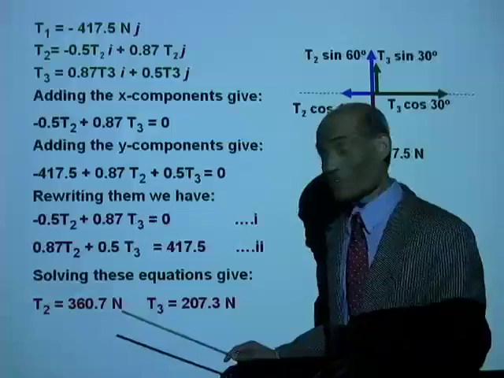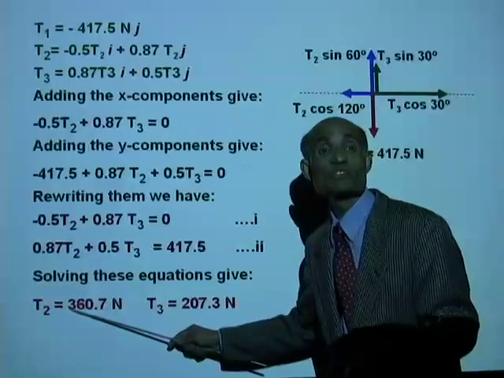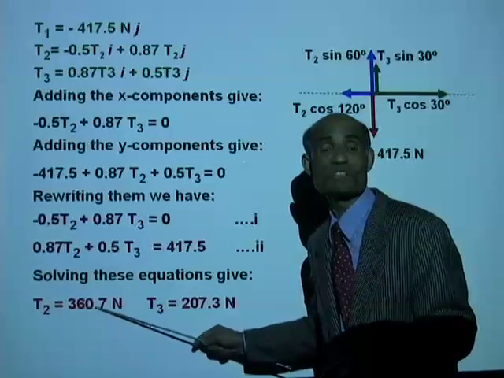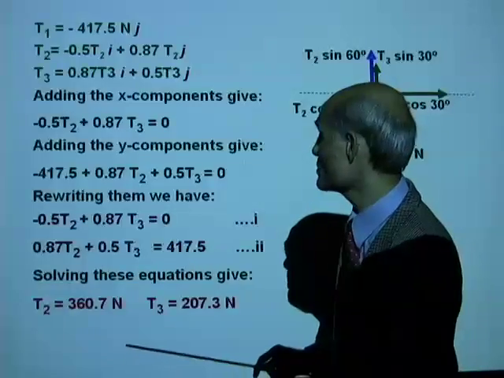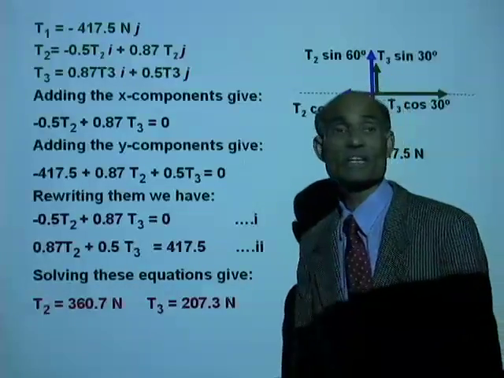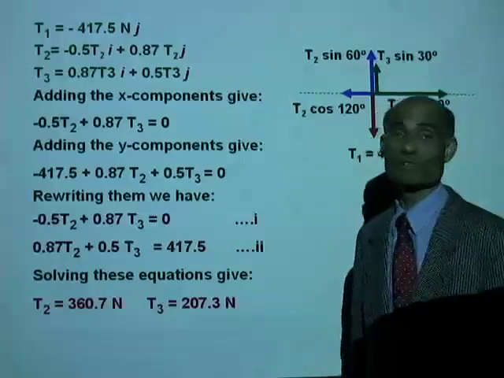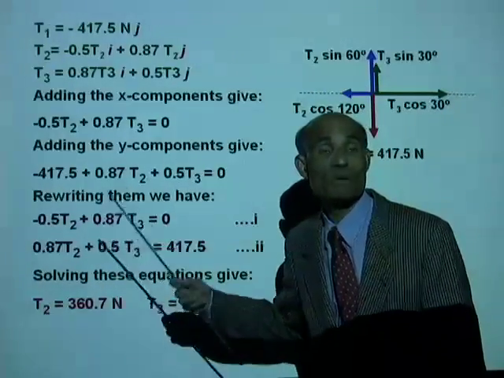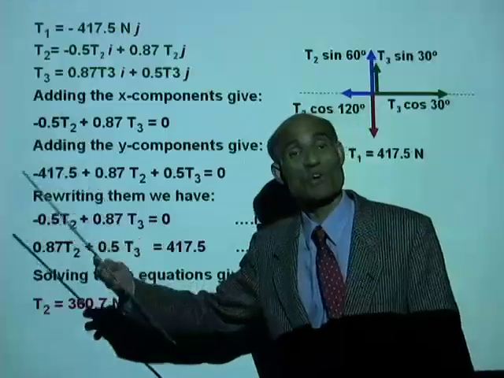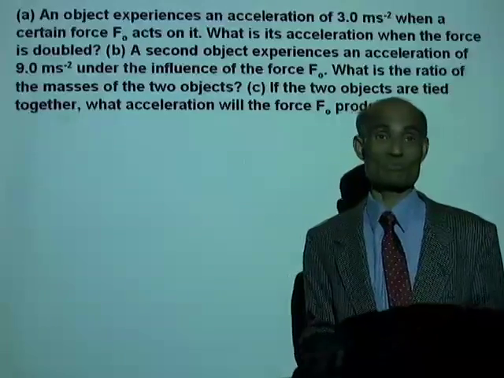The calculator solved these 2 equations for you. T2 is 360.7 Newton and T3 equal to 207.3 Newton. Now this is a beautiful problem and you must spend some time solving these kinds of problems.